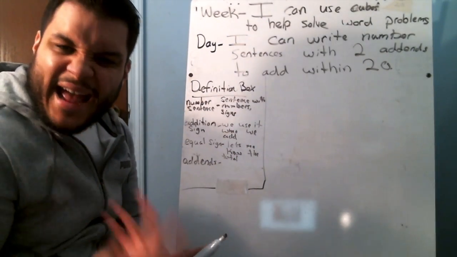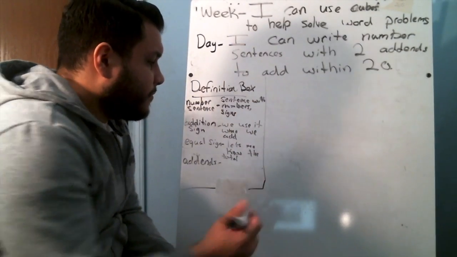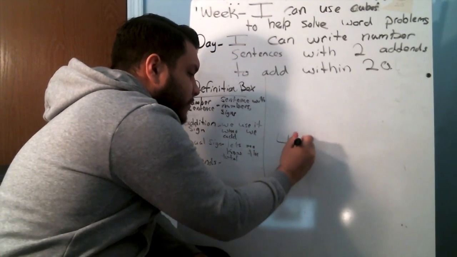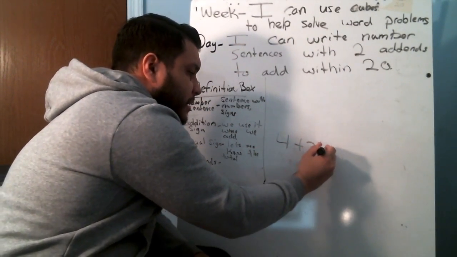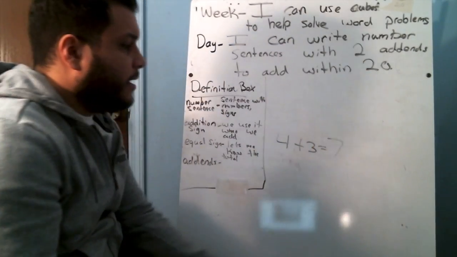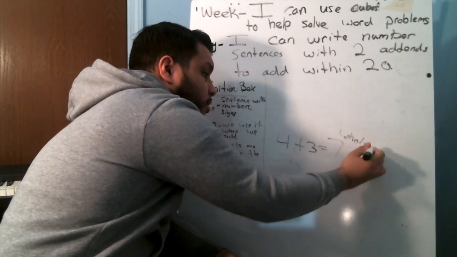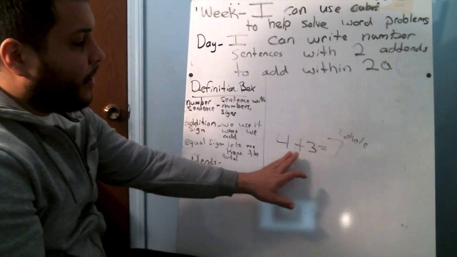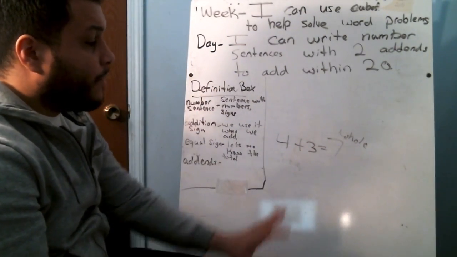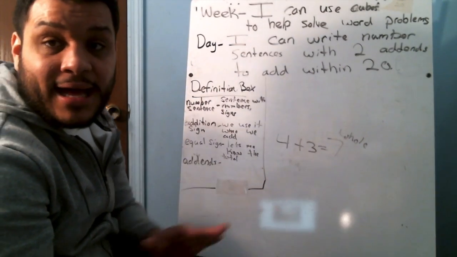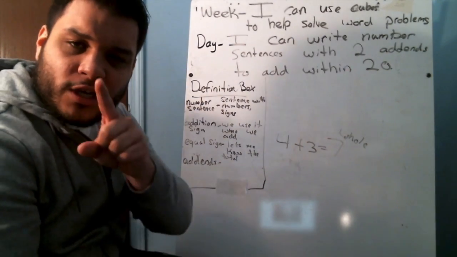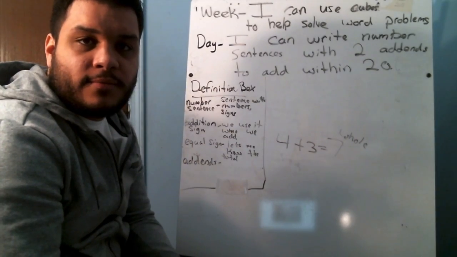Now, what are the add-ins? Let me give you an example. 4 plus 3 equals 7. This I will call my whole or my total. I know we say that part plus part equals whole, but we can also call these the add-ins. So what do you think add-ins means?